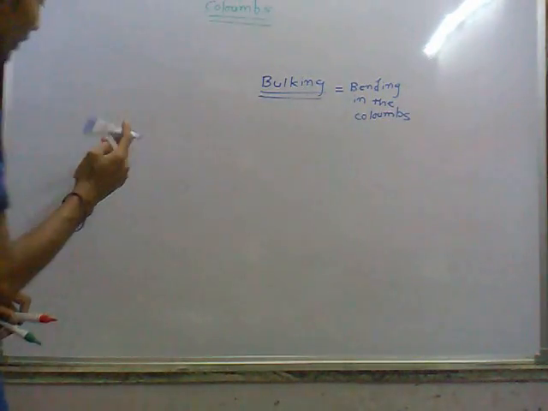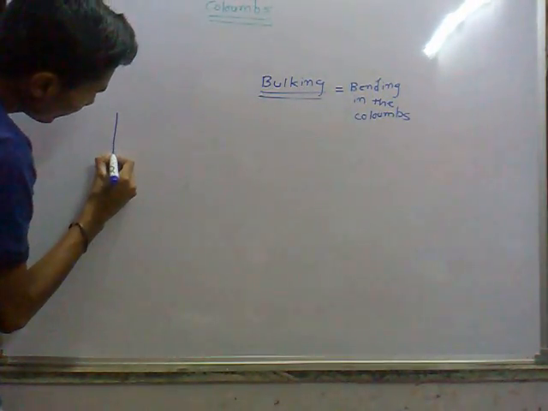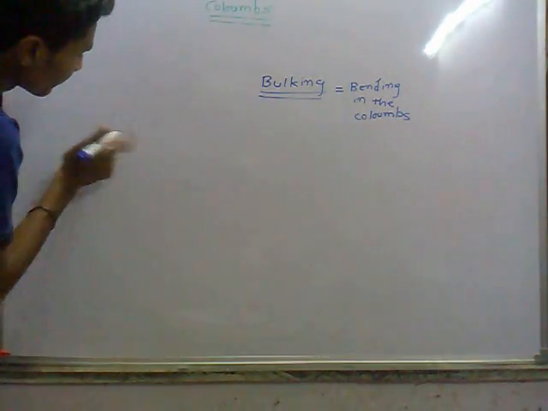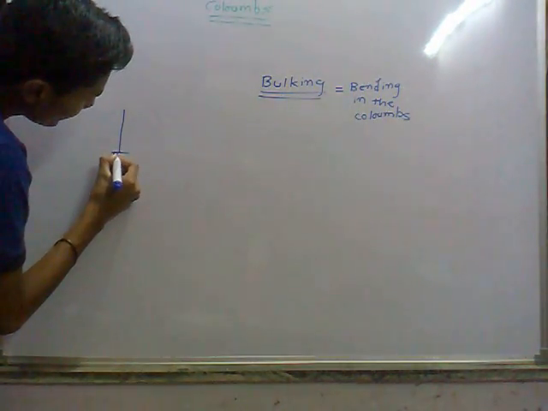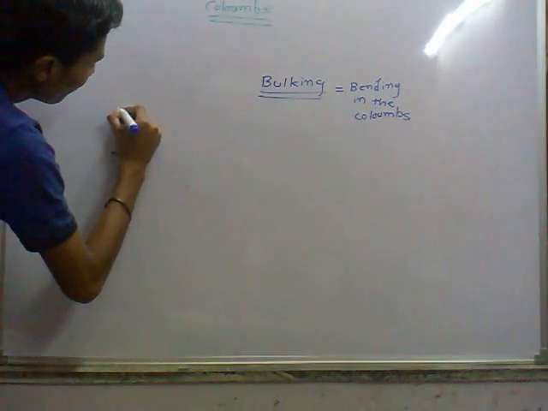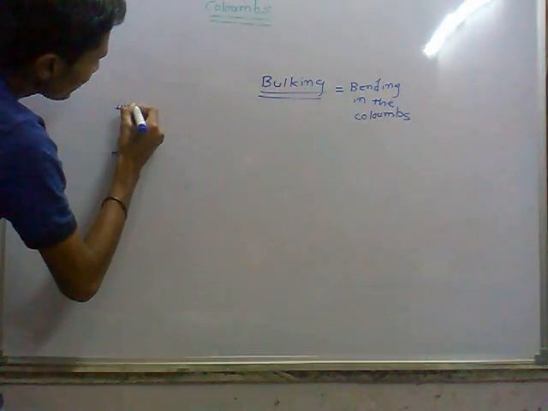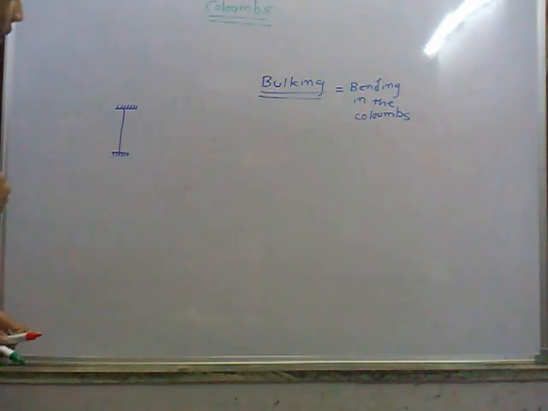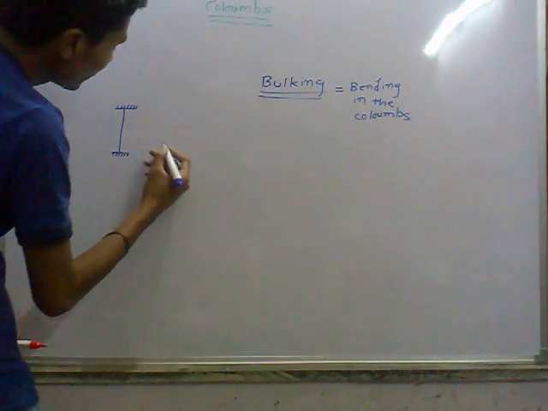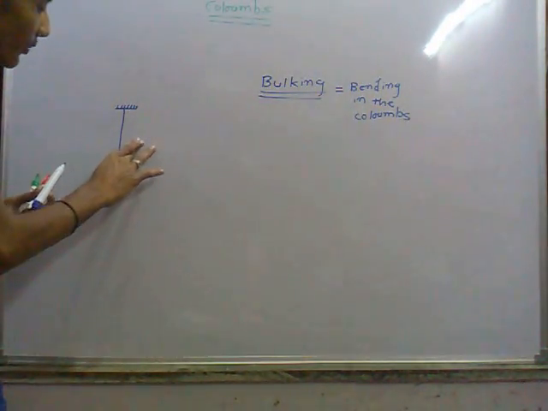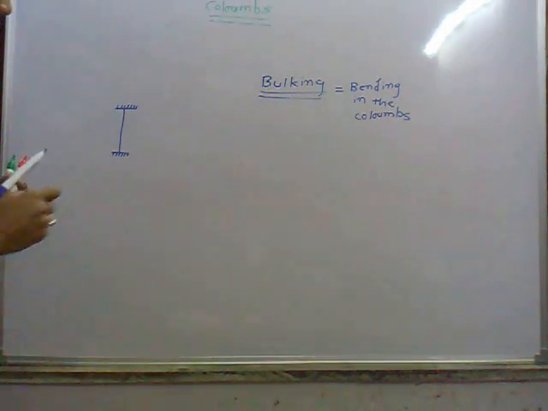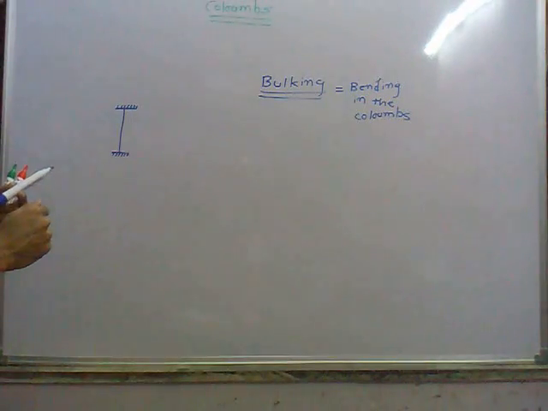Likewise, suppose here is some column. Consider it a column, fixed at one end and fixed at the other end. That means it is fixed at both ends. What is the buckling in this fixed column?